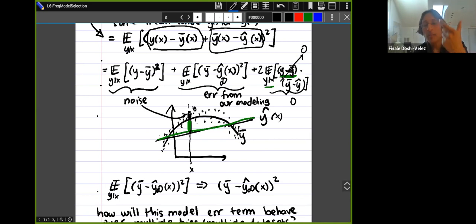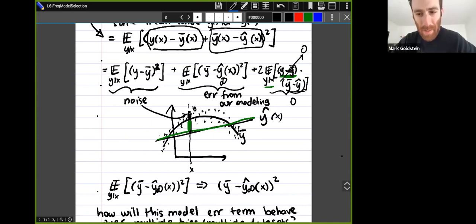So the expression is y minus y bar times a number. By linearity of expectation, the term y bar minus y hat can just be pulled out, since it's just a number. And then we have the expectation of y minus y bar, which by definition is 0.